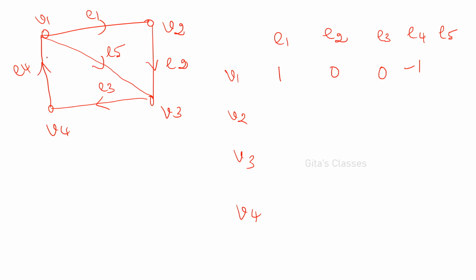If it is coming towards the vertex, it is -1. And V1 and E5: it is going away from V1, therefore it is +1. Similarly, -1, 1, 0, 0, 0, then 0, -1, 1, 0, -1, V4: 0, 0, -1, 1, 0. This is the matrix.